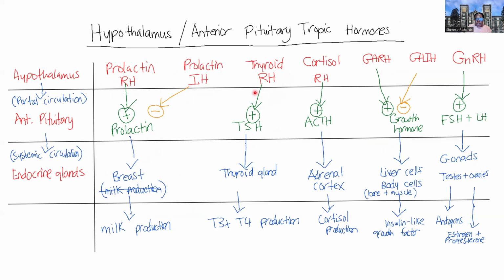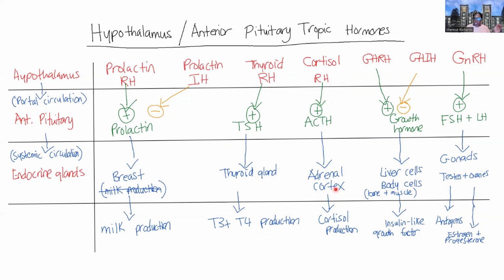Thyroid releasing hormone, or TRH, stimulates TSH production from the anterior pituitary, and then TSH stimulates thyroid hormone production from the thyroid gland, and so that is the axis for the thyroid that we discussed earlier. If you look at the adrenals, so CRH, cortisol releasing hormone from the hypothalamus, then ACTH, adrenocorticotropic hormone from the anterior pituitary, and then the overall gland is the adrenal cortex.